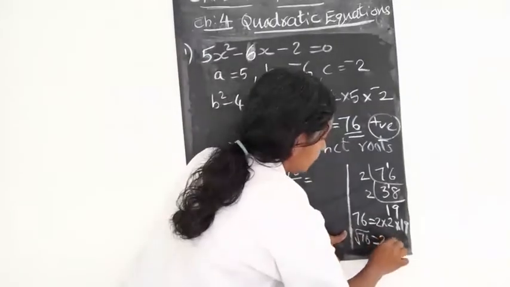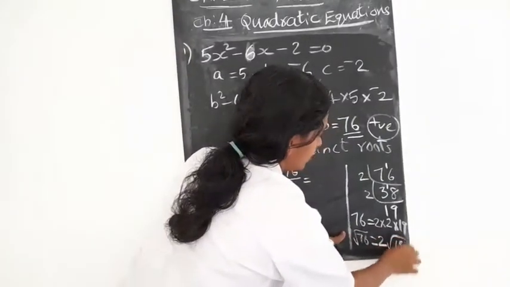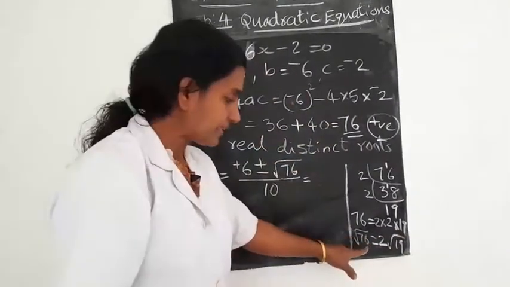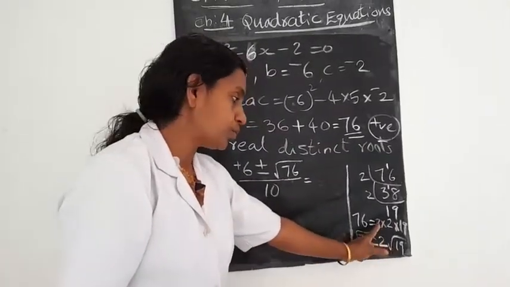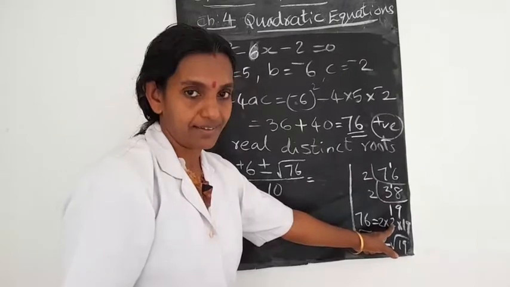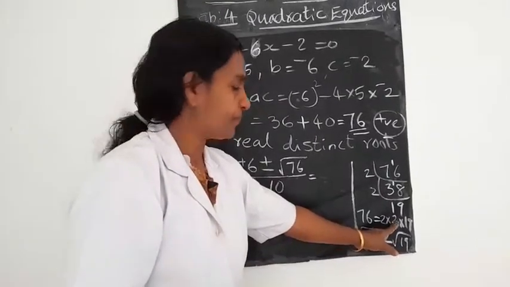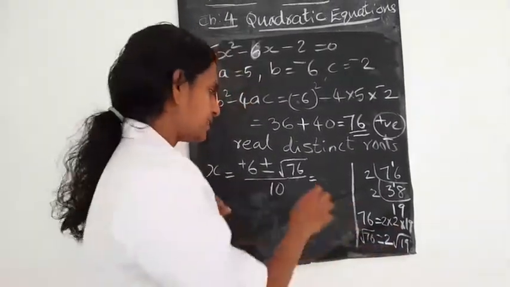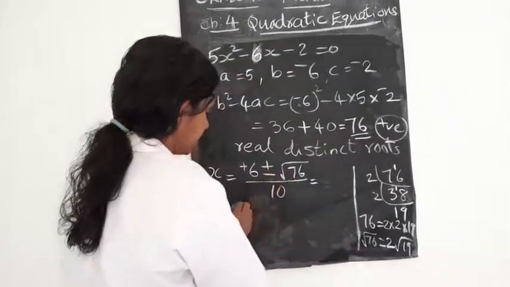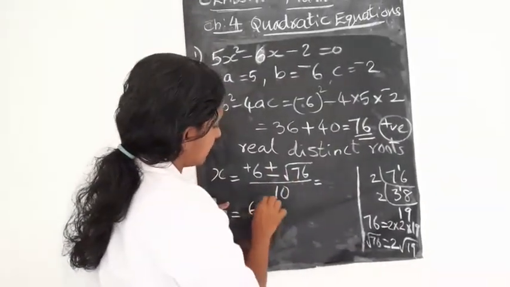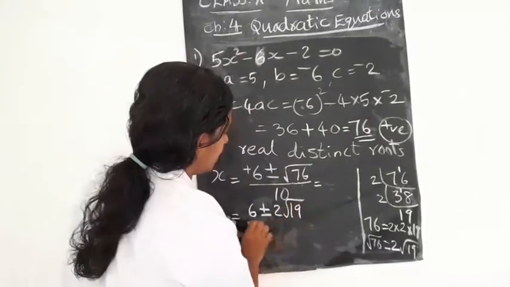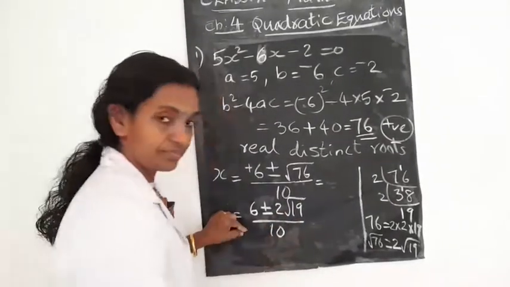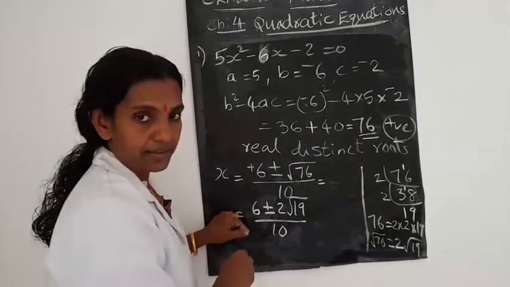Root 76 we can write as 2 into root 19, because 2 times the same factor is there. Therefore one factor you can take out. 2 root 19. Just we can substitute. Here it is, that is equal to 6 plus or minus 2 root 19 by 10.